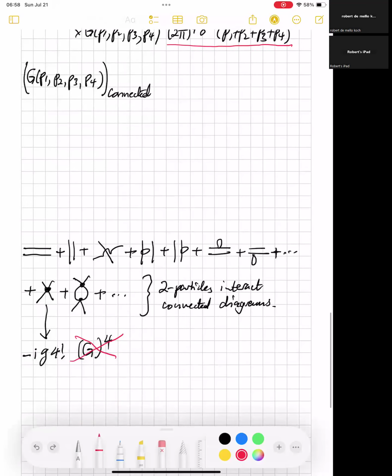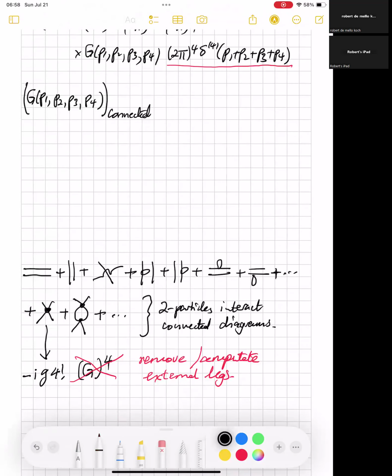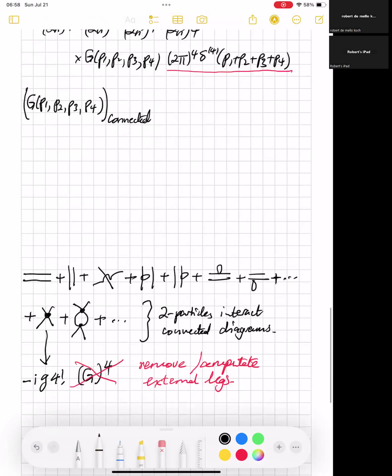So it makes sense to remove, or the word that people use is amputate, the external legs. These are not telling us about the coupling strengths. They're rather telling us about the amplitude for the particle to propagate from some space-time event to the interaction point.